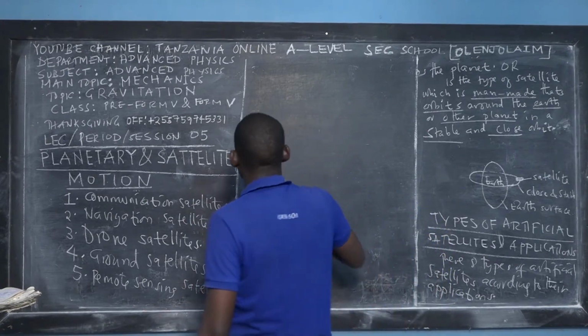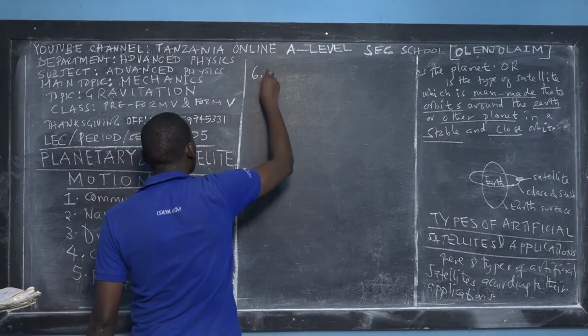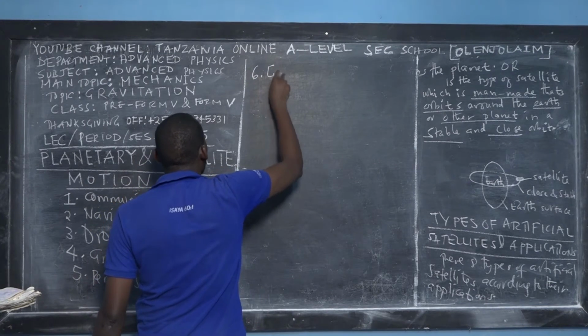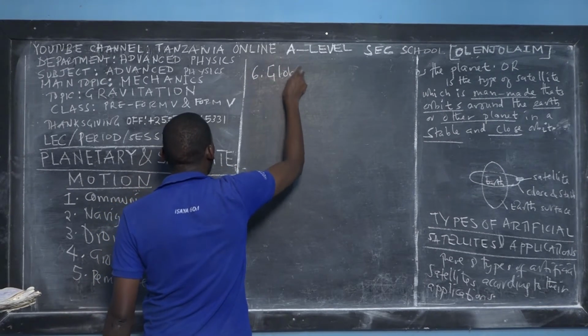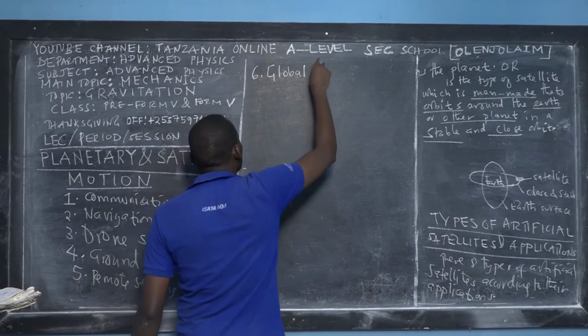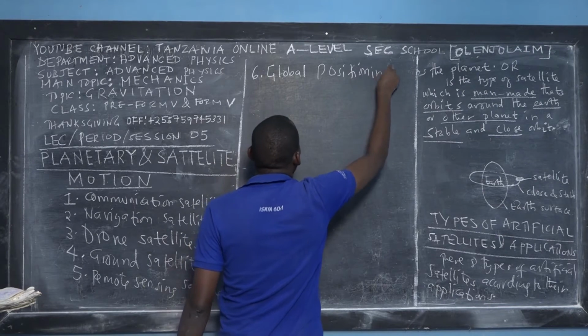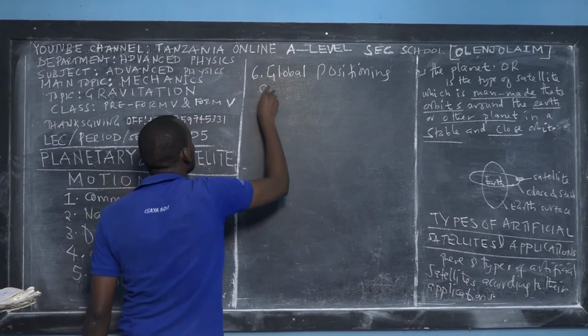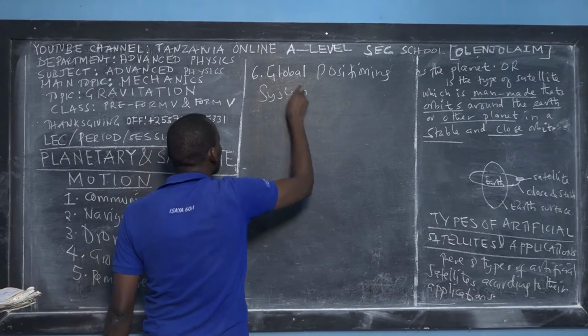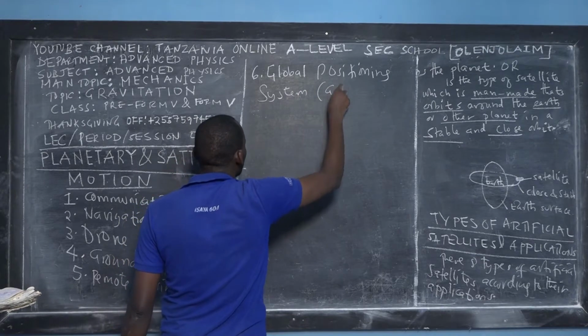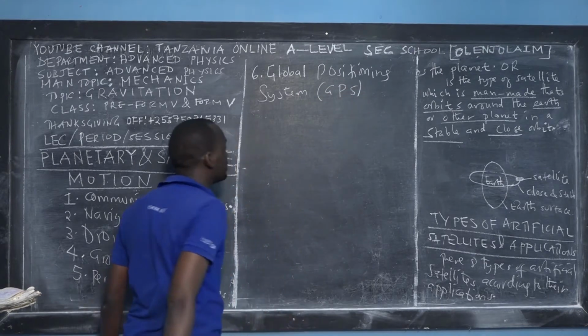Okay, so number 6, we call it global positioning system. In abbreviations, we call it GPS satellites.